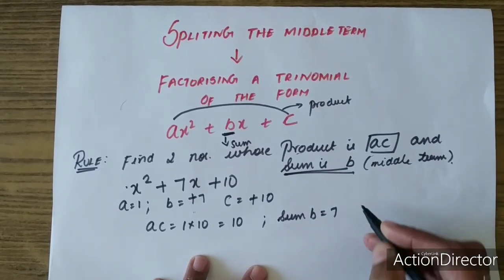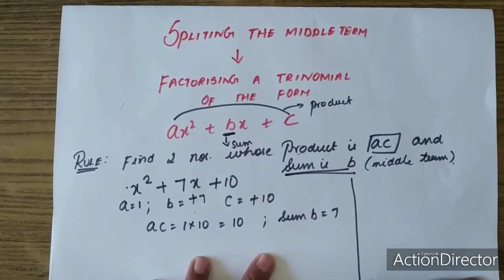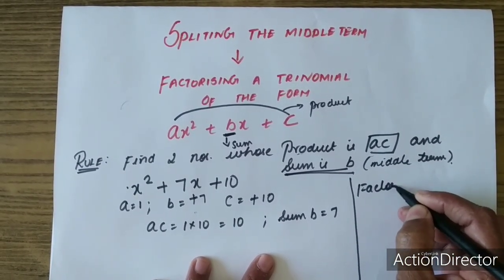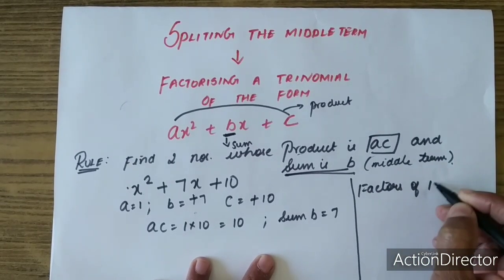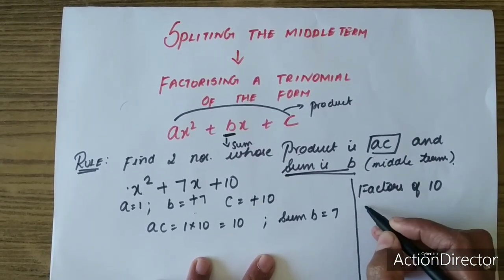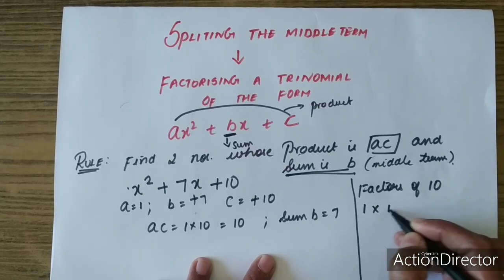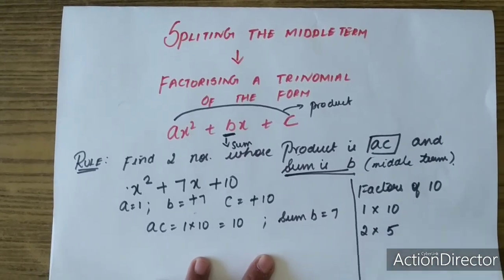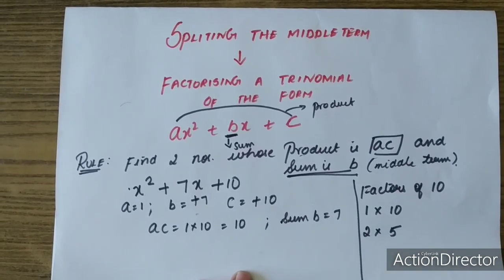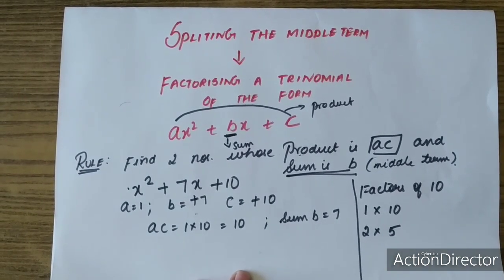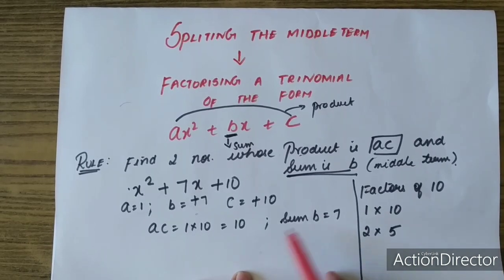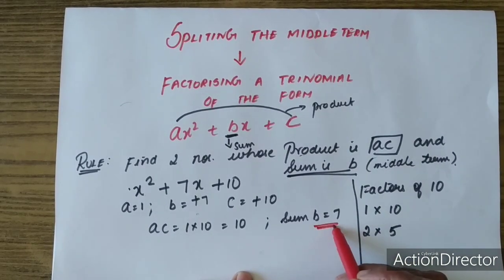So my first step, in the rough column you will be writing factors of the product, that is factors of 10. So factors of 10 will be 1 into 10, 2 into 5. Now out of these two factors, we will be choosing two numbers such that my sum will be equal to 7.